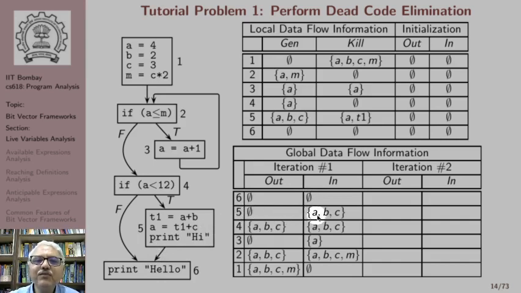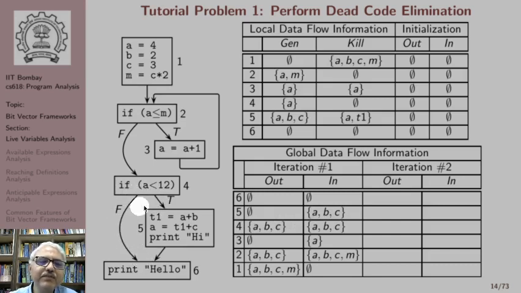However, the in of node 5 is A, B, C because the liveness of A, B and C is being generated within node 5. So this is the set of variables live at the entry of node 5, and therefore we get the same set at the exit of node 4, which is a union of what we get here and along this path what we get here.